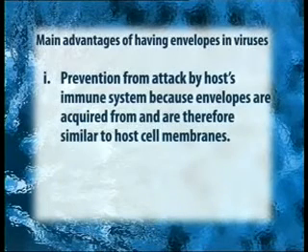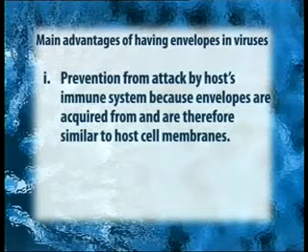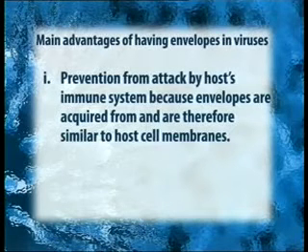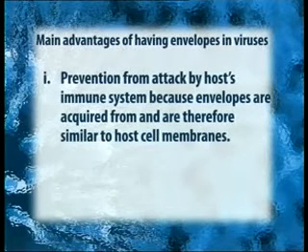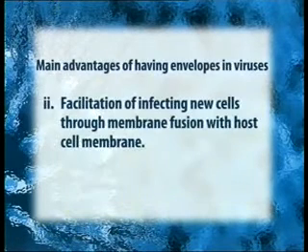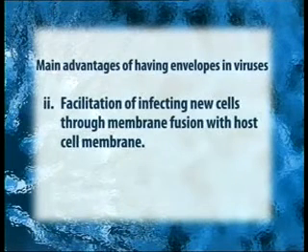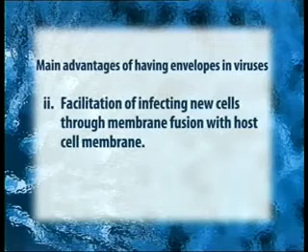The important functions that this envelope performs in the virus are: number 1, as I mentioned, prevention from the attack by the host's immune system, because envelopes are acquired from and are therefore similar to the host cell membranes. Second, a very important function is facilitation of infecting new cells through membrane fusion of the host cells.